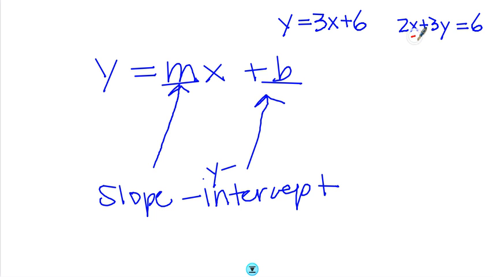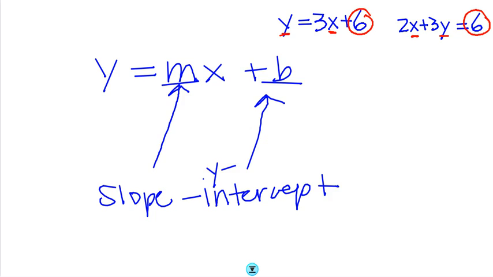So you have x and y, and a number alone. Whereas in slope-intercept form, you have y and x, so you have variables on both sides, and a number with the variable. Standard form always has variables on one side and the number by itself. That's the difference.